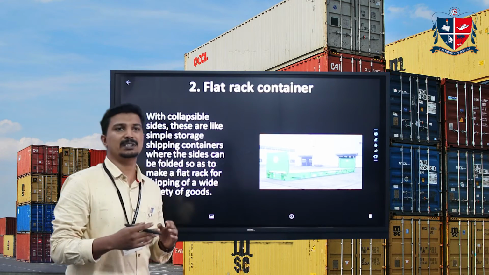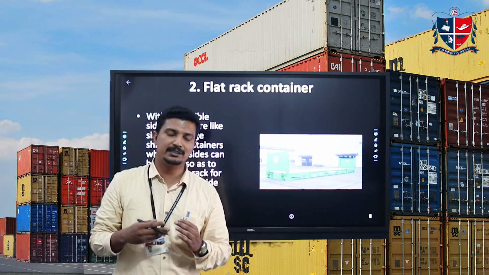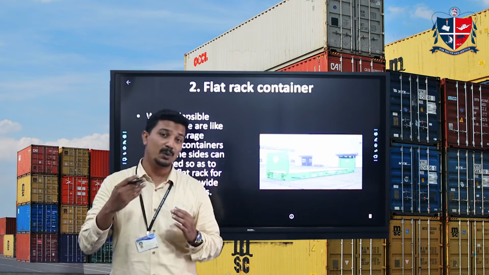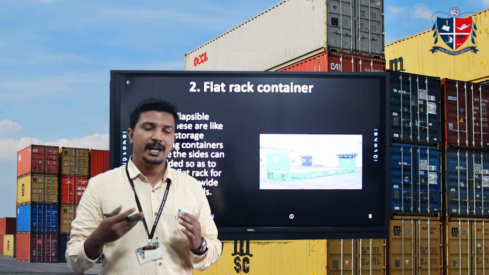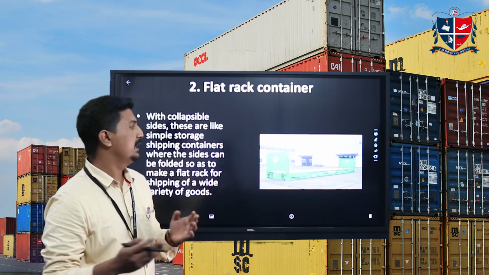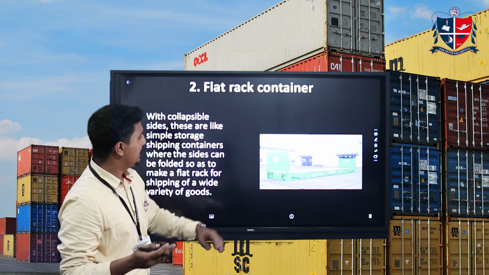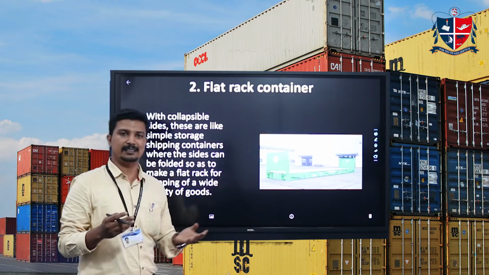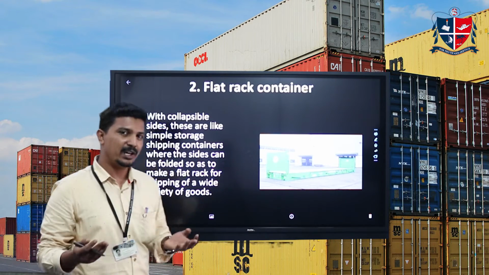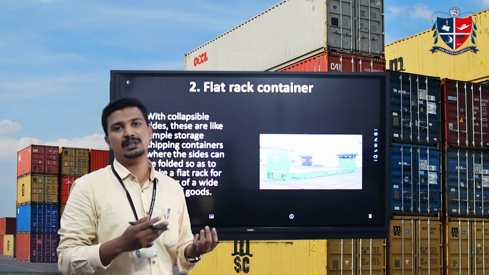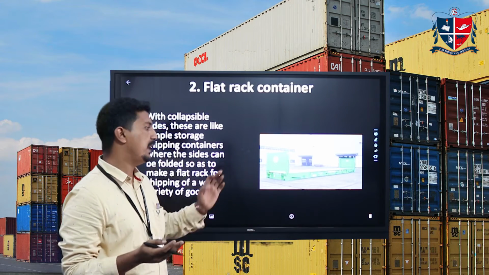But some cargoes we will be shipping have more height than 9.6 and 8.6, and width maybe more than 8 feet. So we use flat rack containers for over dimensional cargoes which are not fitting into the dry containers.